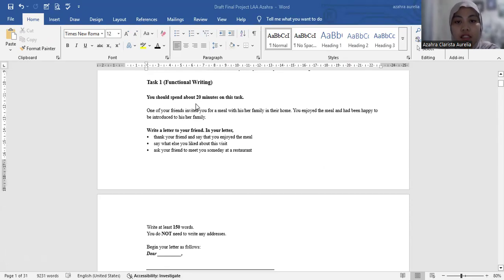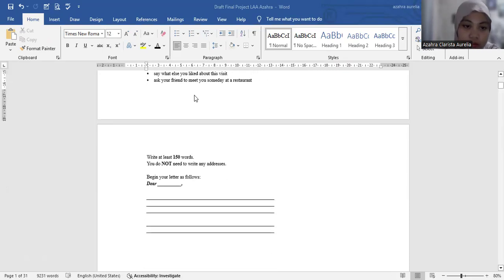The first task is a functional writing task where students write a personal letter to a friend who invited them for a meal. The task requires students to thank the friend, describe what they liked, and invite the friend to a restaurant. And the initial competencies for this task are really basic.